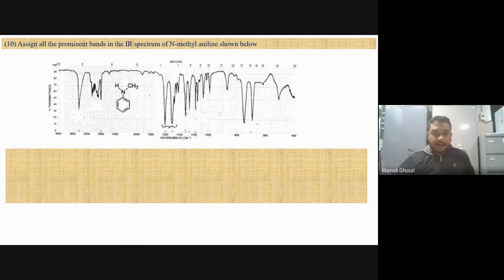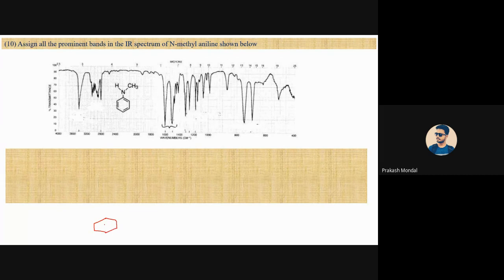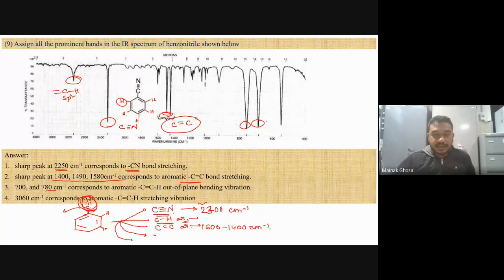Now you need to find out this compound. Sir, I have a doubt. Why are there two peaks for C=C stretching? Okay, this is not two peaks, this region is also included. I have written here the 1580 peak, this peak is also there.